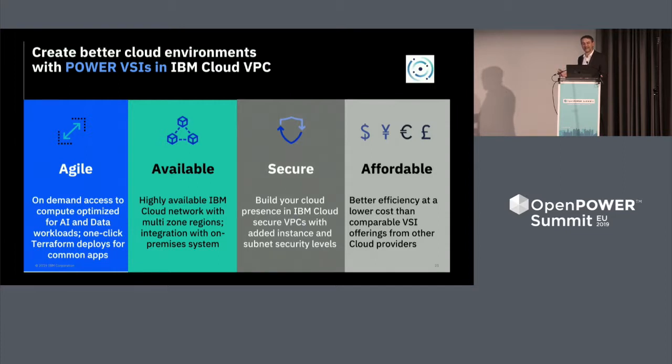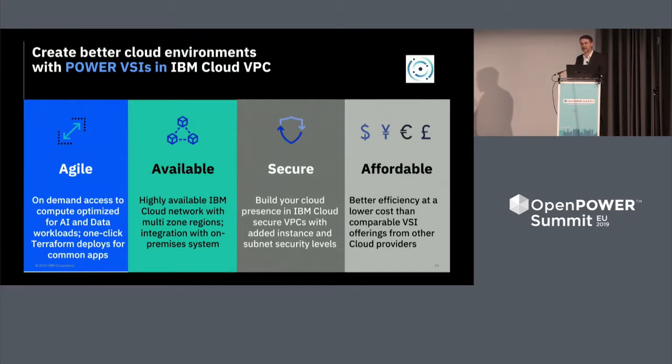When the AC922s, when these virtualized instances are available within VPC, within your virtual private cloud on the IBM Cloud Platform, you're going to see that they're very competitive in their pricing, at or below even the x86 counterparts.